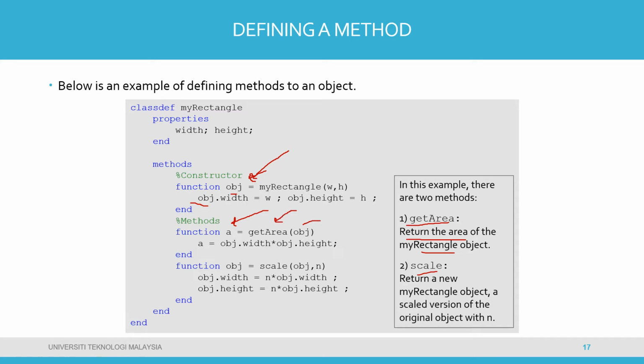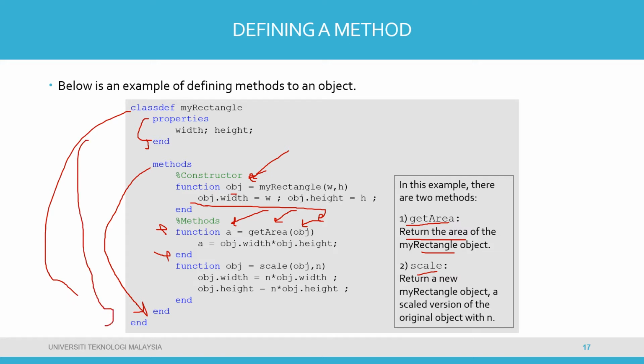So you put the object here, you call back the object. So A equals obj.width multiplied by obj.height. And don't forget the end. When it comes to function, you have to end it, properties also, method also, and class also.